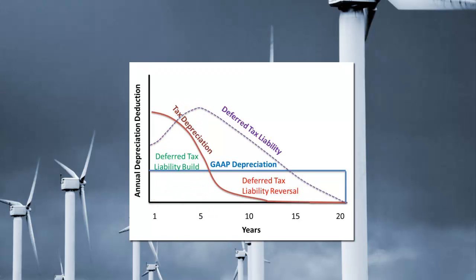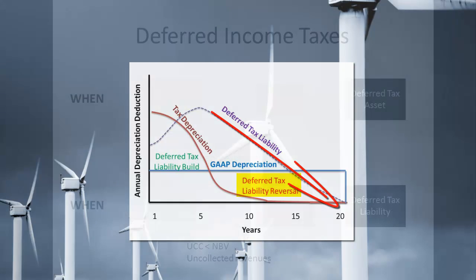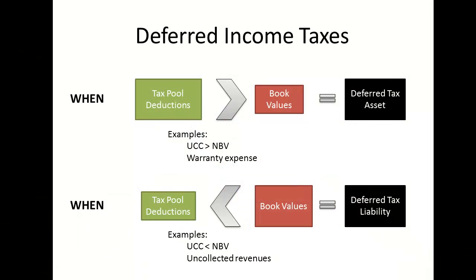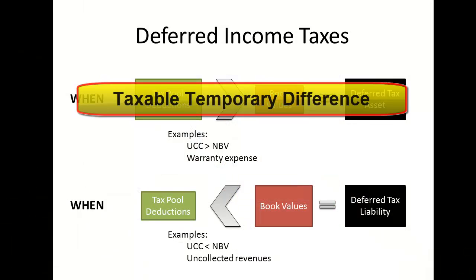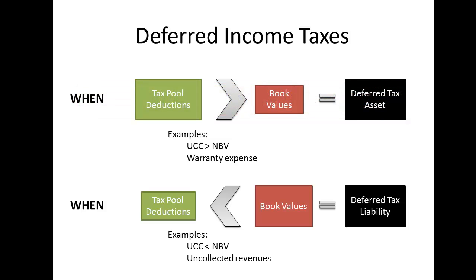Now, if this is the only wind turbine ever built by this developer, this liability will reverse in later years as the company has no more tax deductions to take against its income. The GAAP gurus call these types of differences a taxable temporary difference. You don't need to remember the terminology. You better well understand what sorts of situations represent a deferred tax asset and a deferred tax liability.